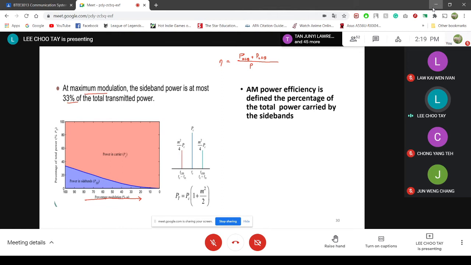So what can you say about the efficiency, or relate it to the modulation index, because you got your efficiency from the modulation index, isn't it?